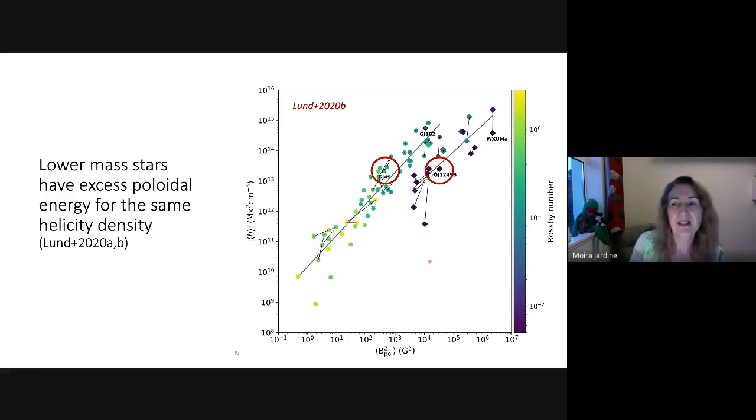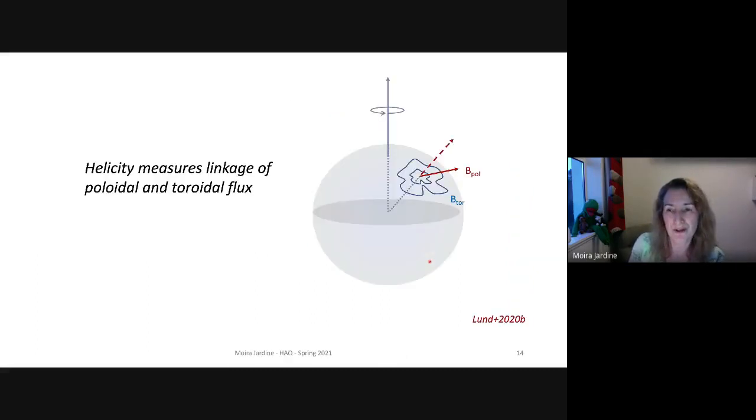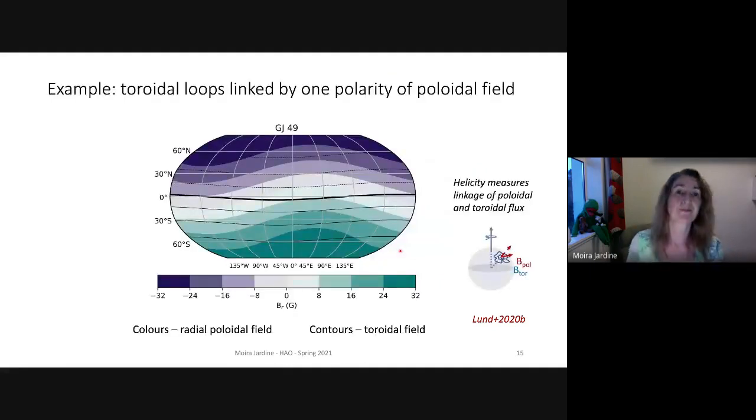So let's look at these two stars and compare their field structures. And here's just a reminder of what helicity measures. It's the linkage of the poloidal field through the loops of toroidal flux on the stellar surface. So what I'm going to do is show you contours of the toroidal field and overlaid on that a color map which tells you the strength of the poloidal field. So here's our higher mass example, GJ49.